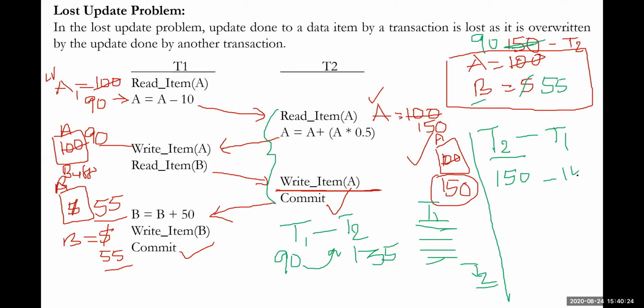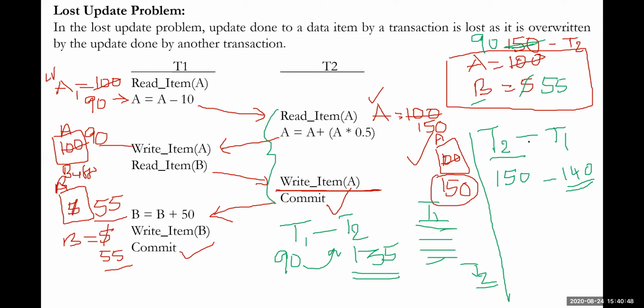These are the two different consistent values, either this one or this one, based on transaction T1 followed by T2, or transaction T2 followed by T1. Either 135 or 140 are the consistent values.